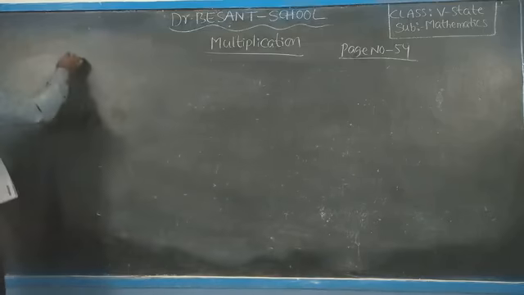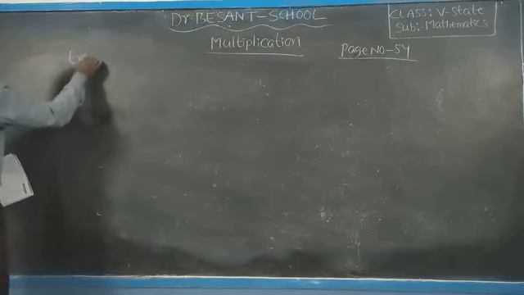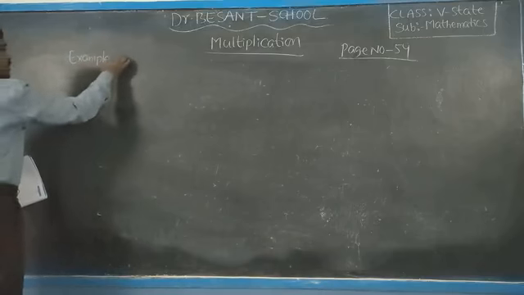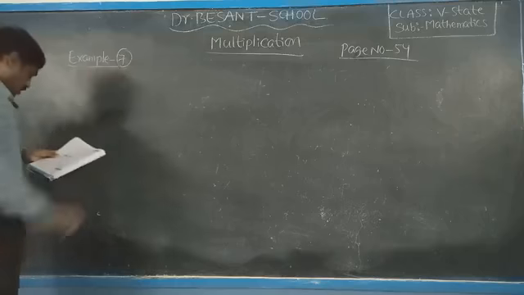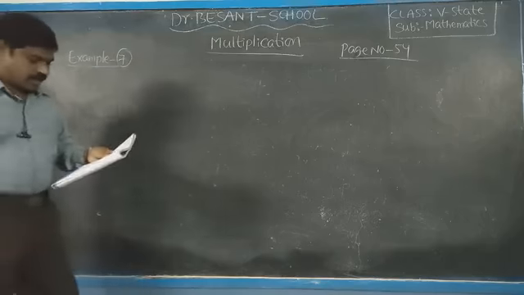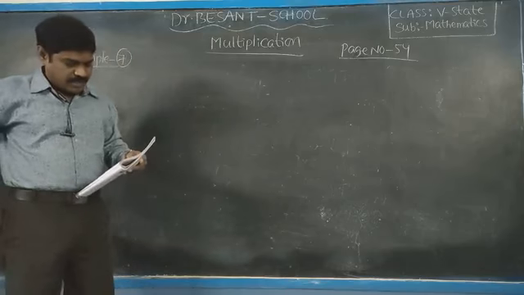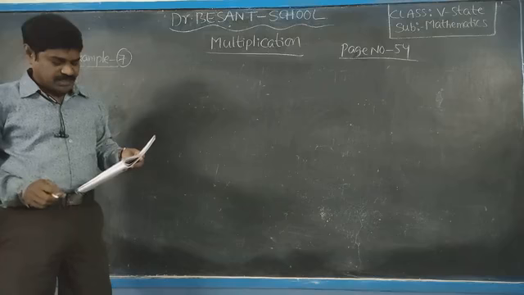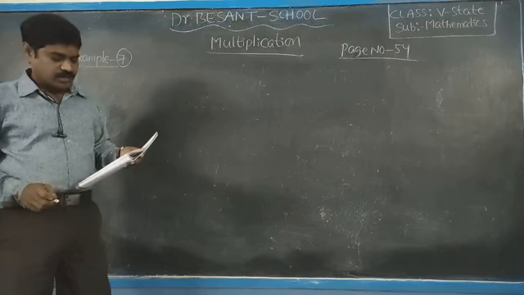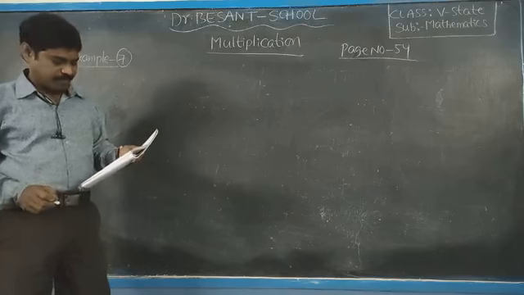Example 7. See this example 7. A clothier sells different suitings and shirtings and earns 48,657 rupees per day.